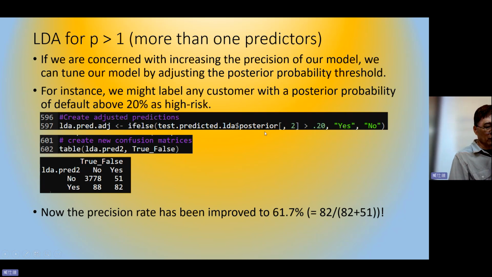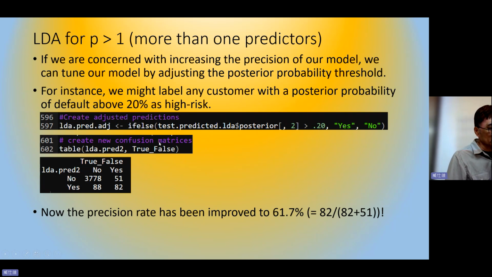If the posterior probability is greater than 20%, then we label it as a defaulter, and no otherwise. This is how we can adjust the threshold of the posterior probability of default.